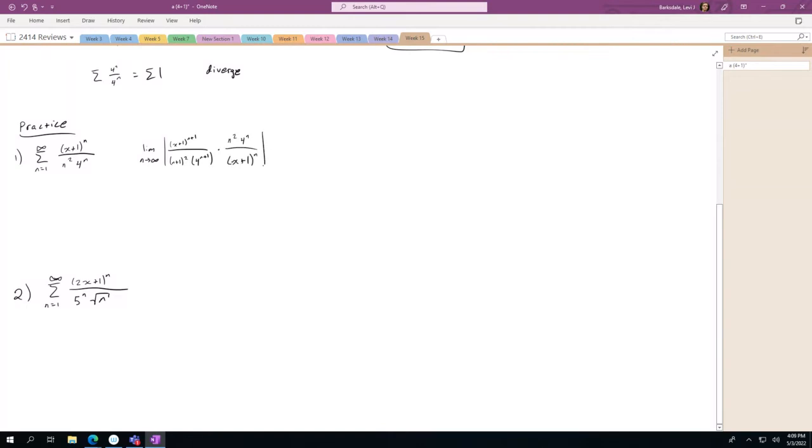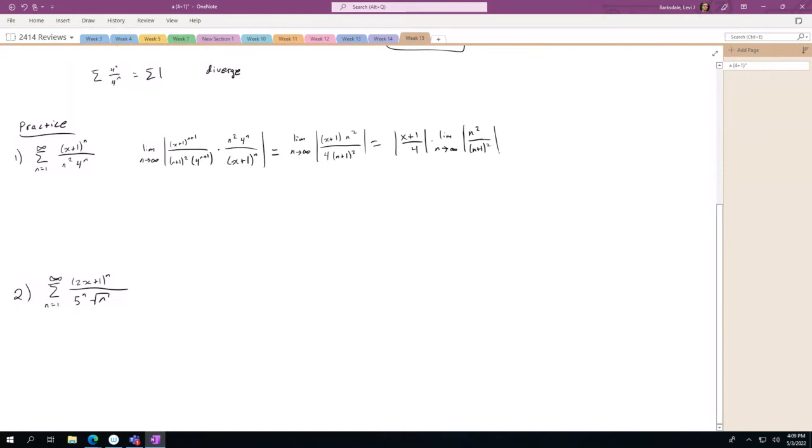If I cancel things, this becomes the limit as n approaches infinity of (x plus 1) times n squared divided by 4 times (n plus 1) squared, which is the absolute value of x plus 1 over 4, times the limit as n approaches infinity of the absolute value of n squared over (n plus 1) squared.